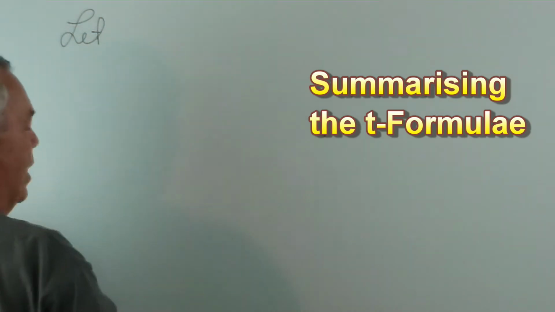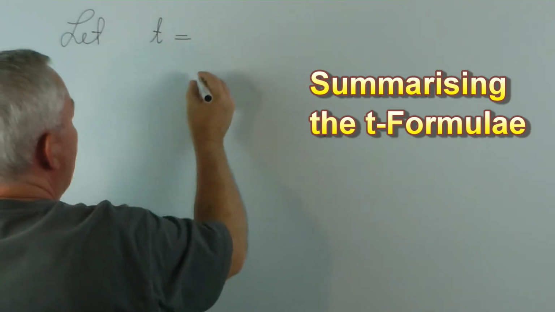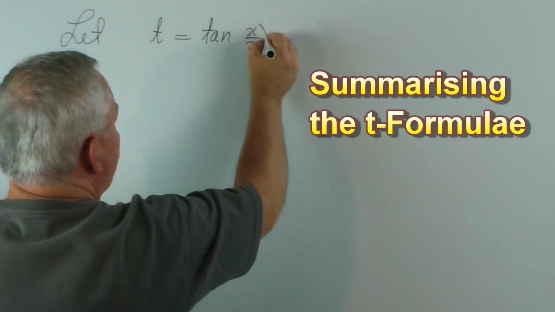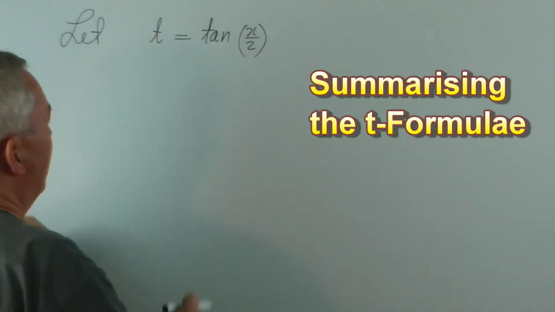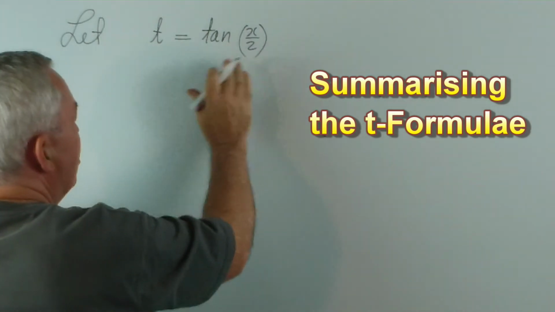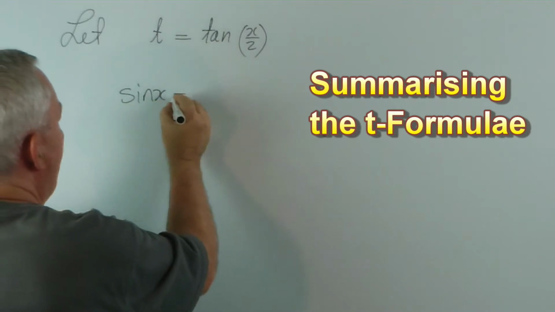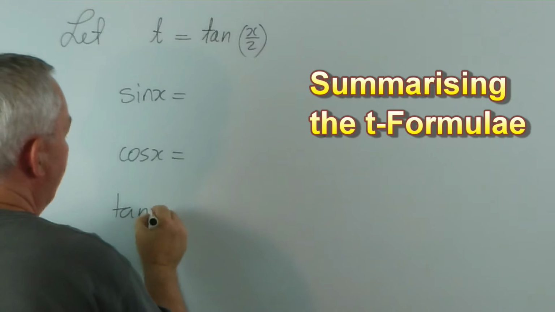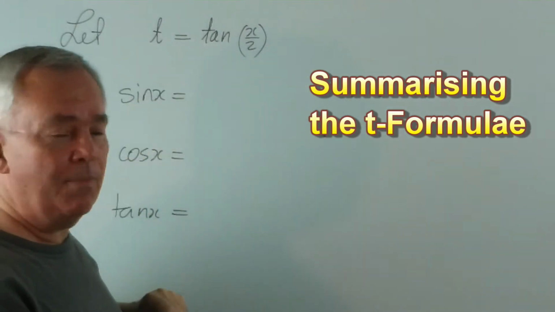But first of all, let me explain what t-formulae are. It starts by making a substitution and saying, let the letter t replace the tangent of a half angle. That's why they're called t-formulae. Now, if t is the tangent of x on 2, it turns out that sine x, cos x and tan x can be written in terms of t.